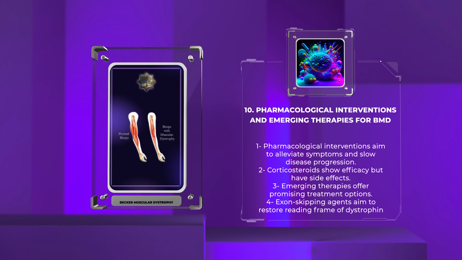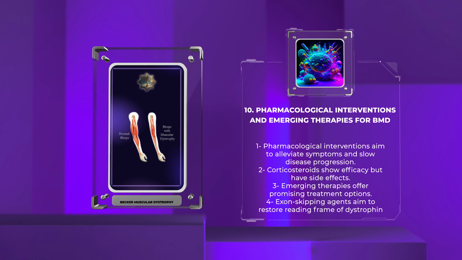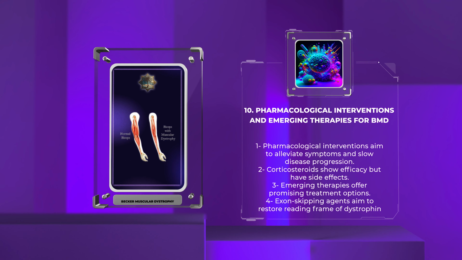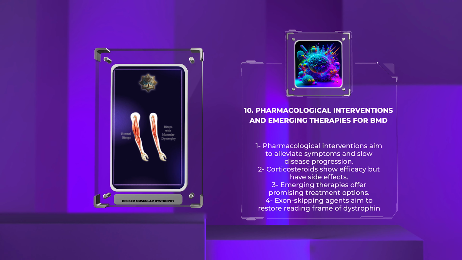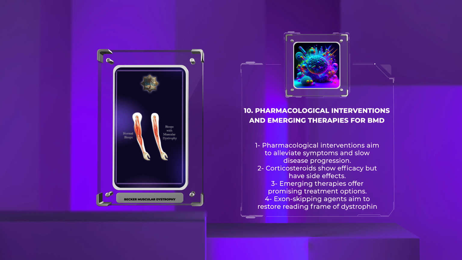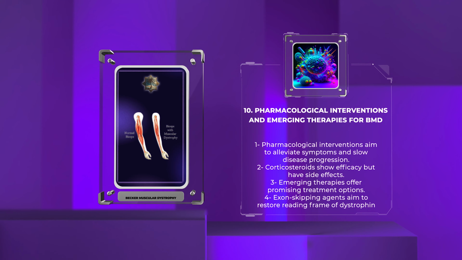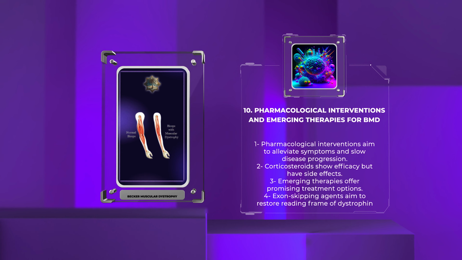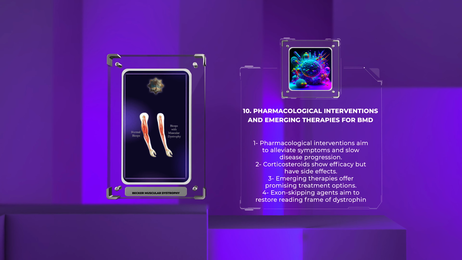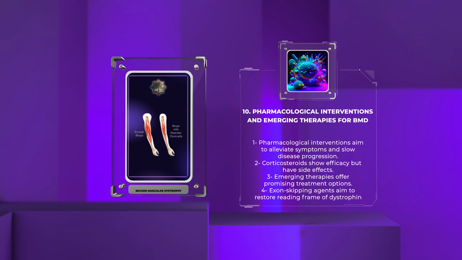Emerging therapies, such as exon-skipping agents and gene therapies, offer promising avenues for targeted treatment of BMD. Exon-skipping compounds, like eteplirsen, aim to restore the reading frame of the dystrophin gene, allowing the production of partially functional dystrophin protein. Gene therapy approaches, including microdystrophin gene transfer and CRISPR/Cas9 mediated editing, hold immense potential for addressing the underlying genetic defect in BMD.